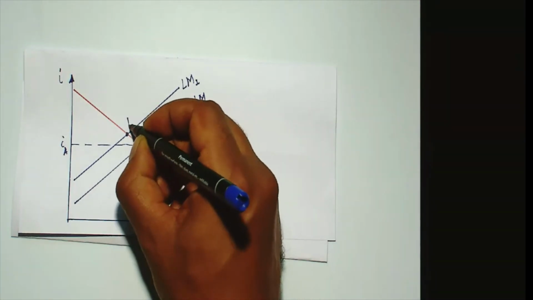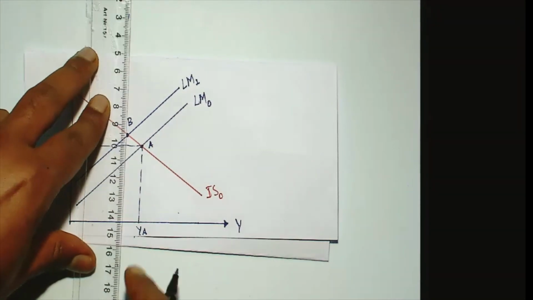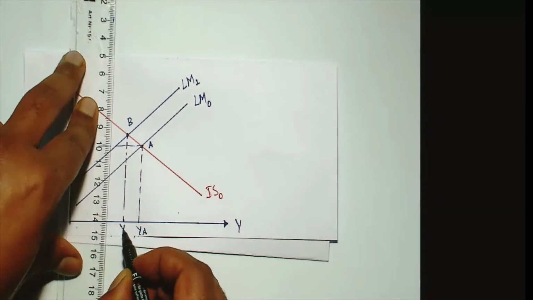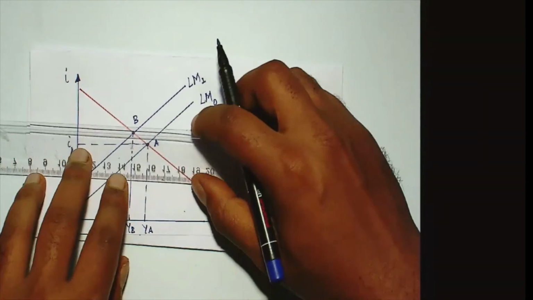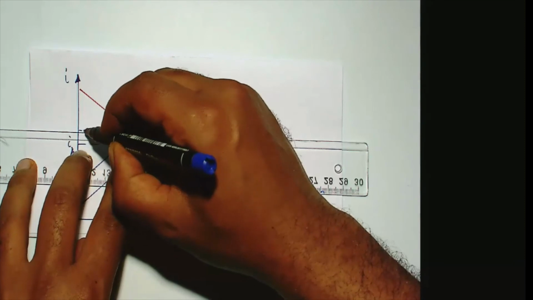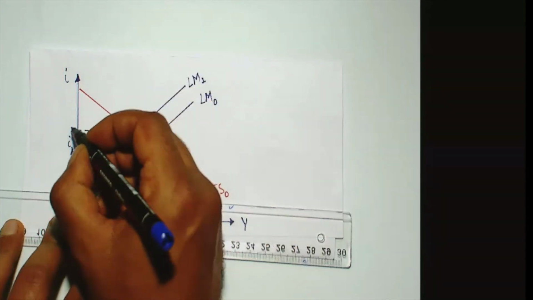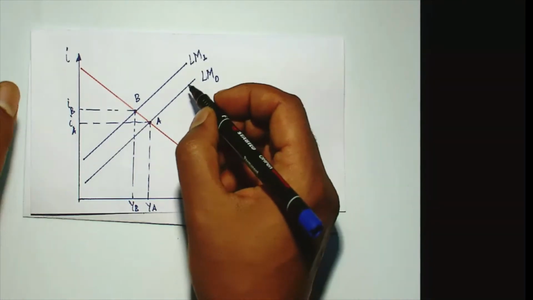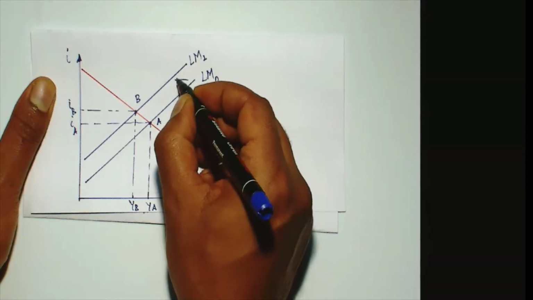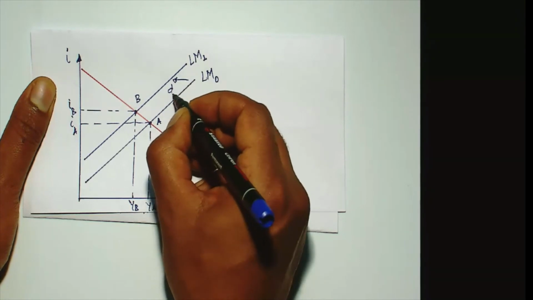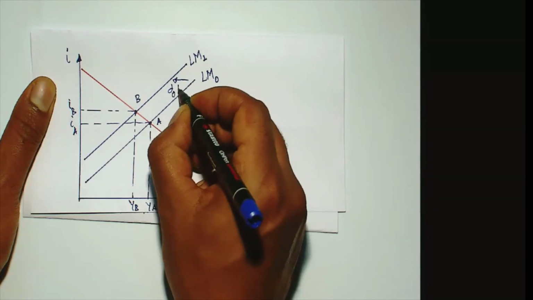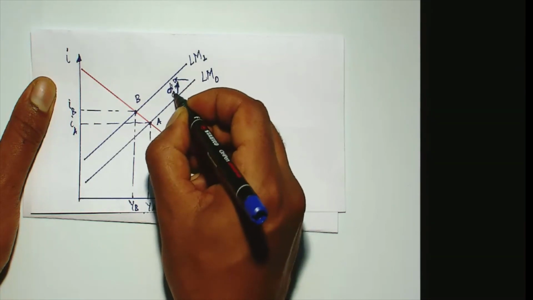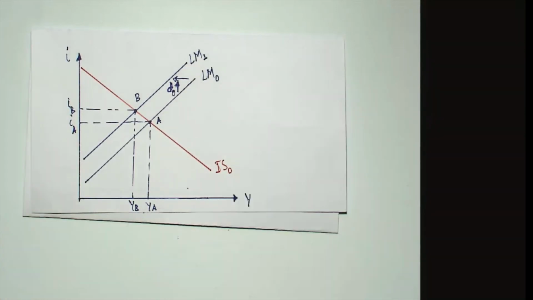And here we would have a new equilibrium point B. At equilibrium point B, we would have a new income YB, and a new interest rate IB. So this shift of the LM curve is actually motivated by an increase in our autonomous component of money demand, which is D0.